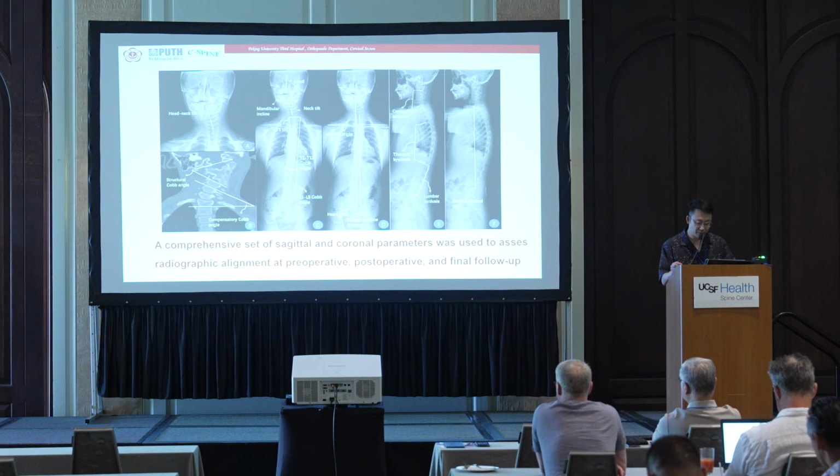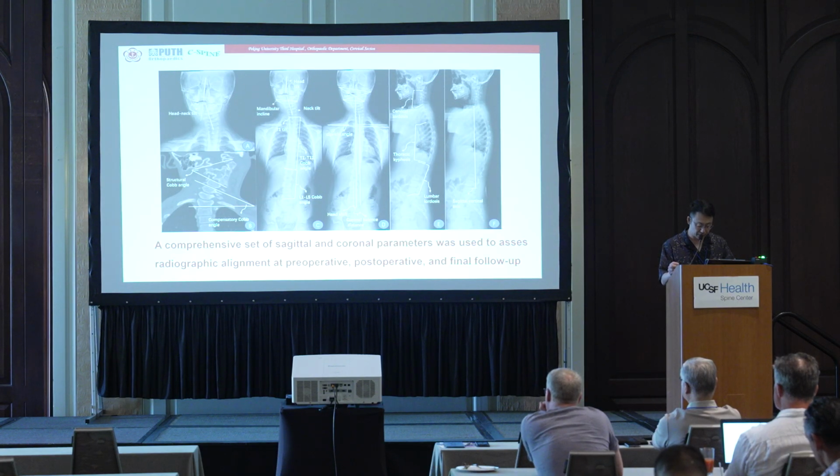To thoroughly characterize the deformity patterns in this cohort, we did a comprehensive collection of sagittal and coronal radiographic parameters, including local cervical alignment and global coronal and sagittal alignment parameters.